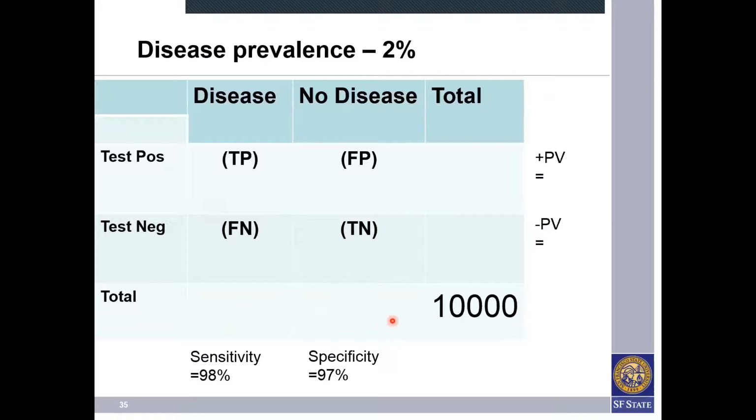How many healthy people am I going to have? 200 sick. Yep, 2% disease prevalence means 200 people sick, right? 2% of 10,000, and leaves the other 9,800 are going to be my healthy individuals that I test.